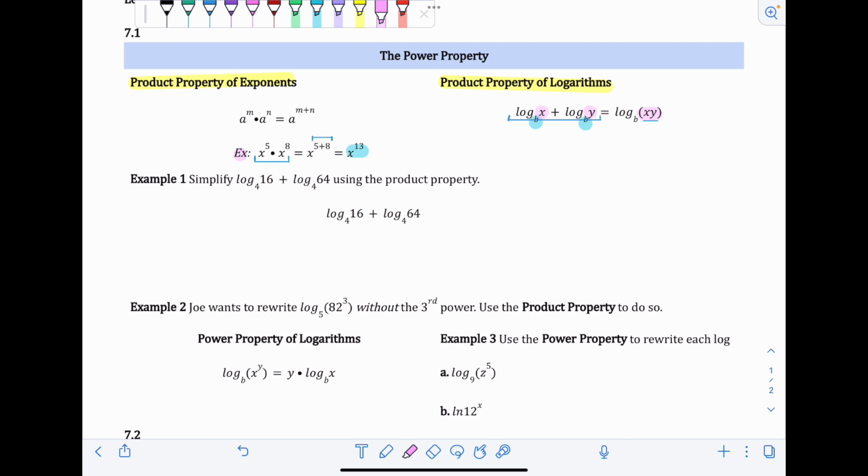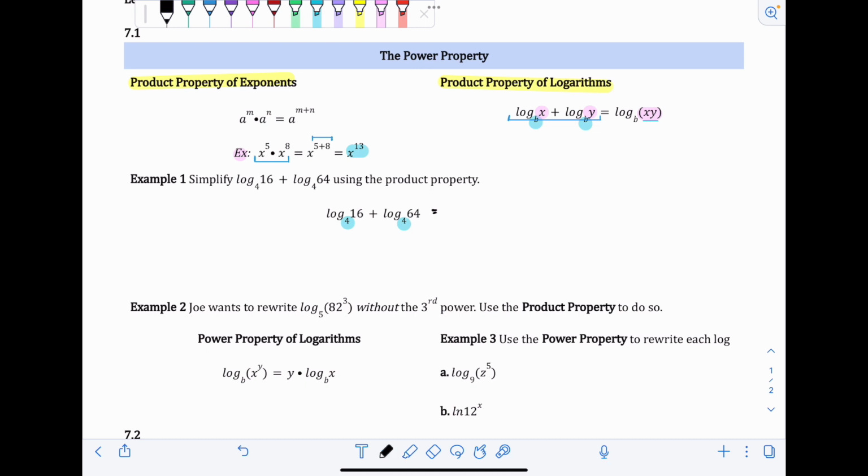Okay, moving on to example 1. It says simplify log base 4 of 16 plus log base 4 of 64 using the product property. I think seeing it with actual numbers helps it click a bit more. The product property says that if I have two logs that have the same base, these are both log base 4, then I can condense them down into a single logarithm.